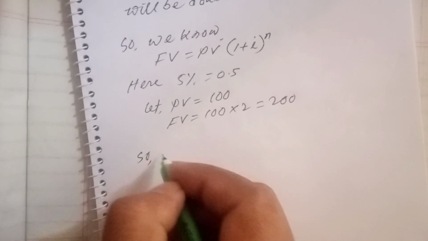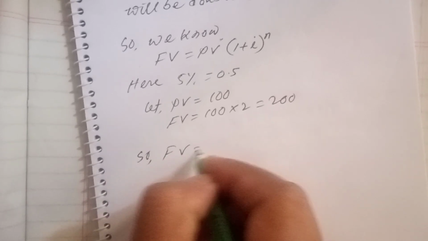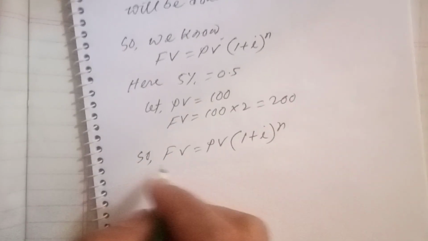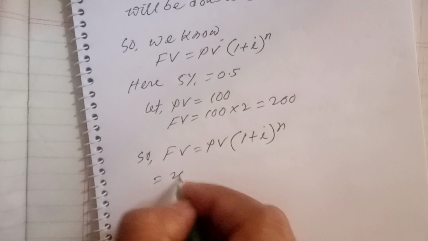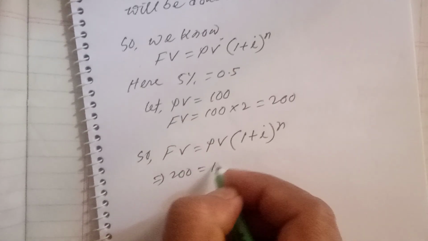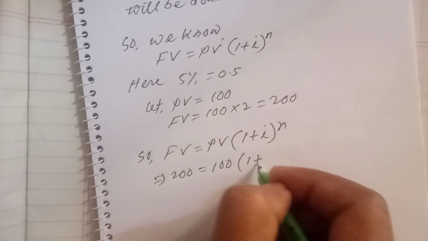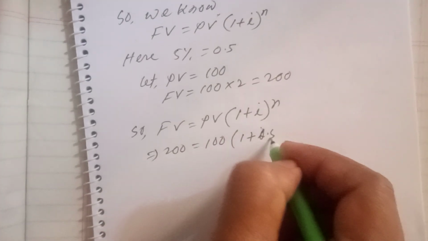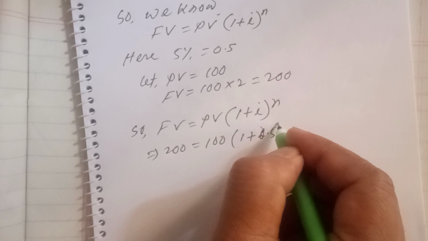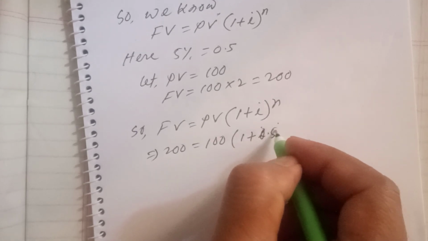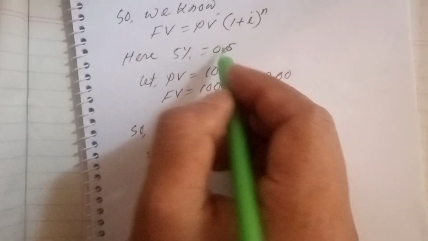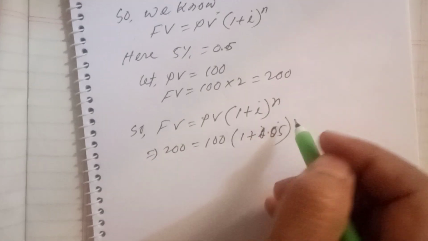So FB equal to PB (1 plus I)^n. FB 200, PB 100, 1 plus I is 1.05 because of 5%.